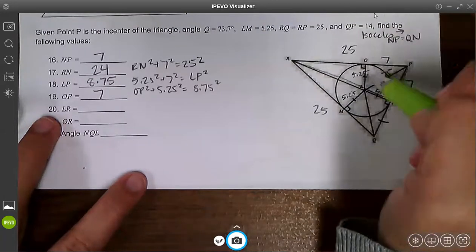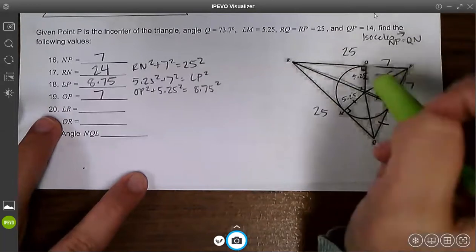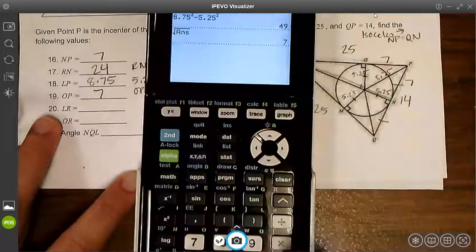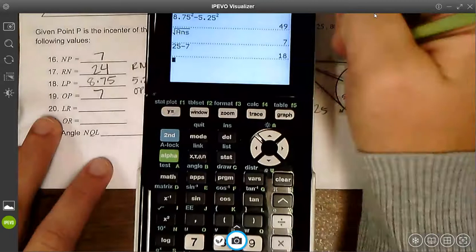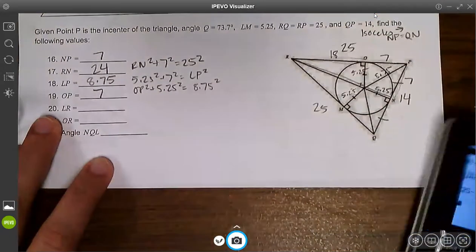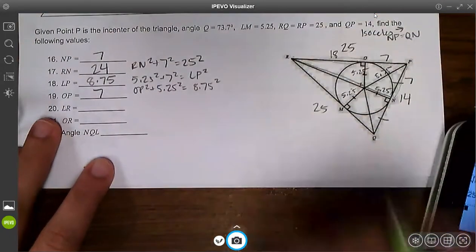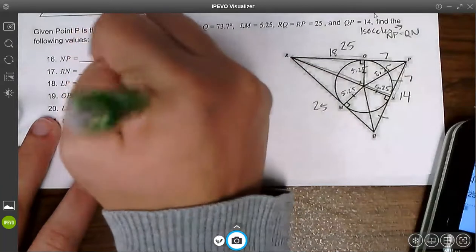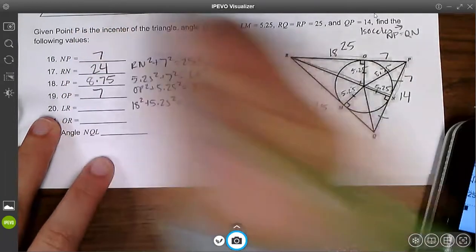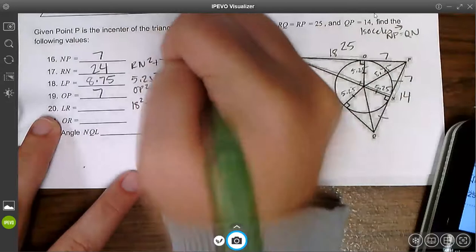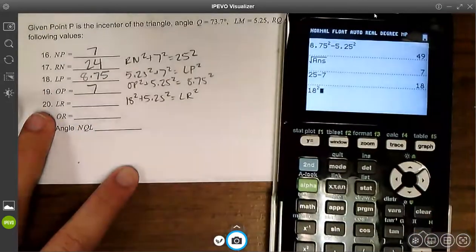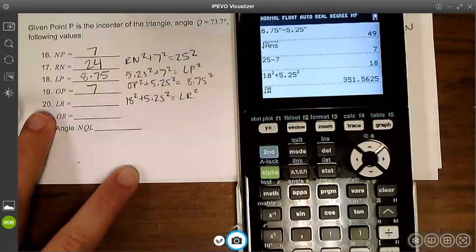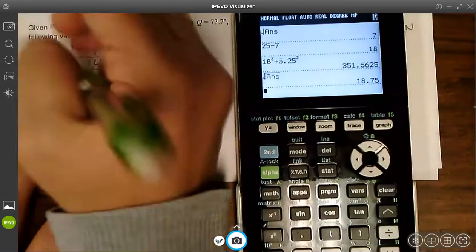LR. So if this is 7, then OR is 25 minus 7, which is 18. We can find LR using the Pythagorean theorem. 18 squared plus 5.25 squared is going to equal LR squared. Take the square root, 18.75.